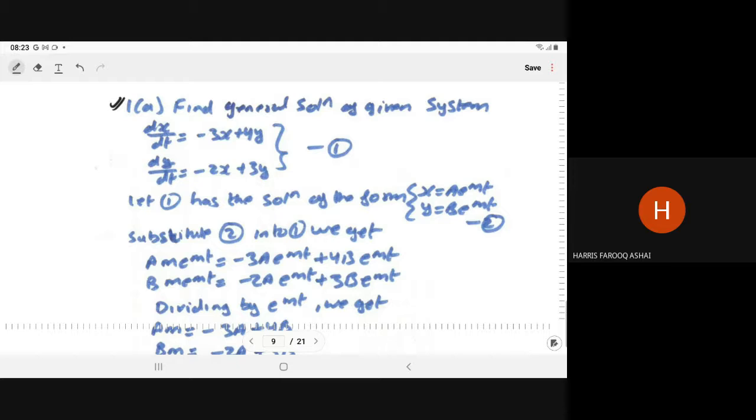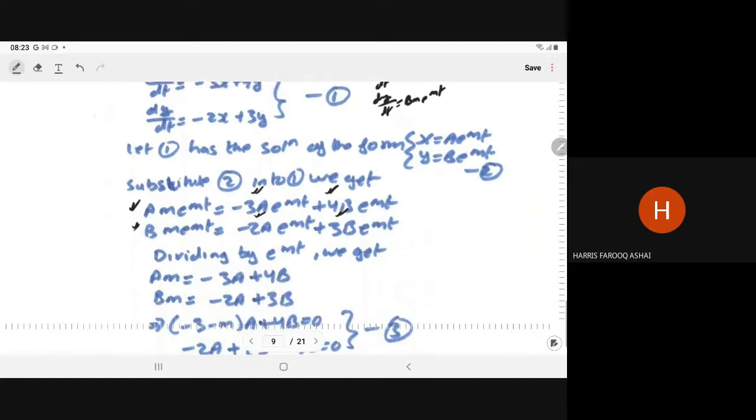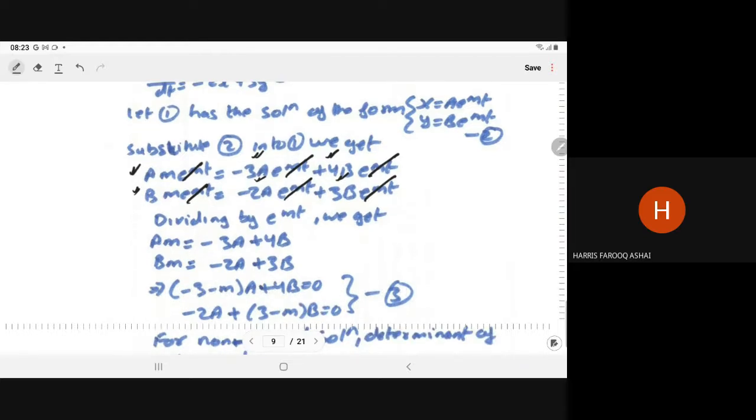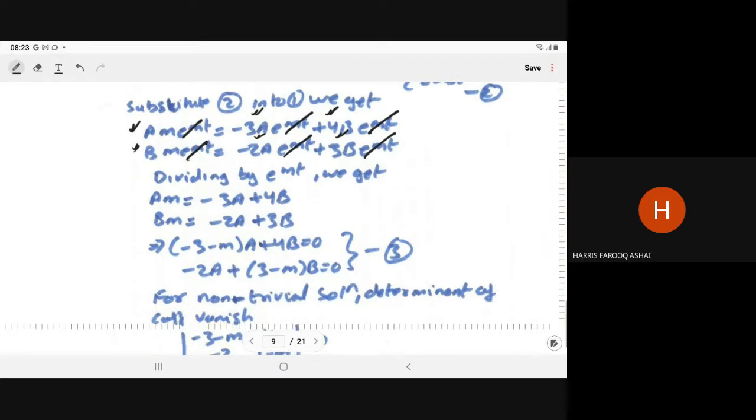On substituting, we have dx/dt = a m e^(mt) and dy/dt = b m e^(mt). So dx/dt = -3x + 4y and dy/dt = -2x + 3y, and if you divide by e^(mt), we have the equations am = -3a + 4b, bm = -2a + 3b.